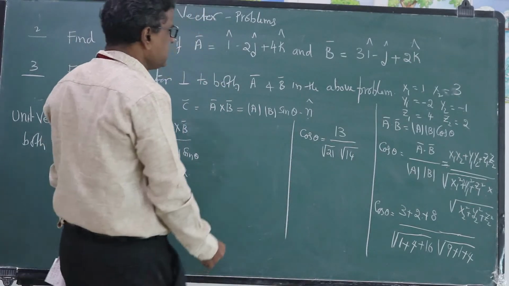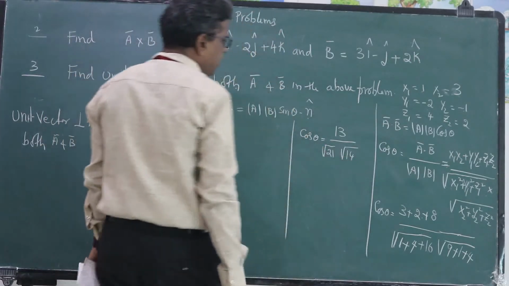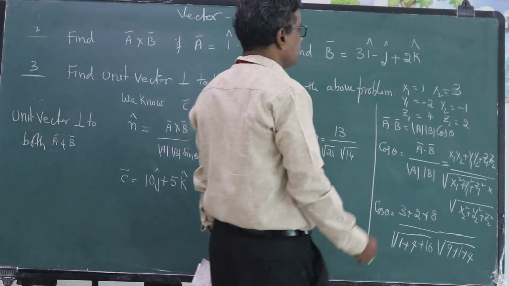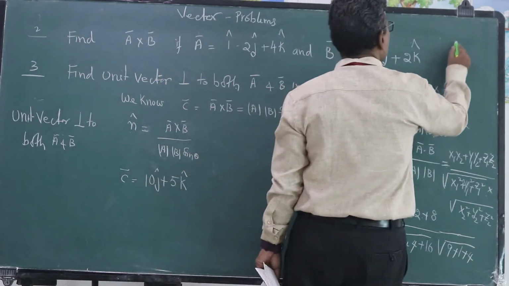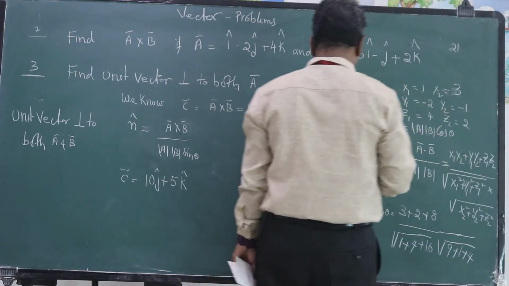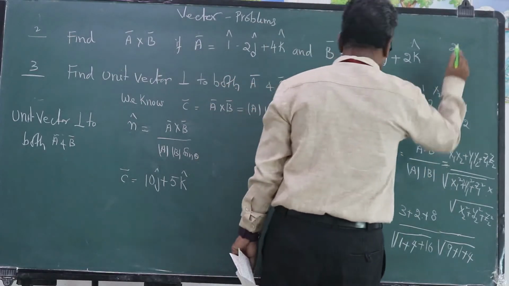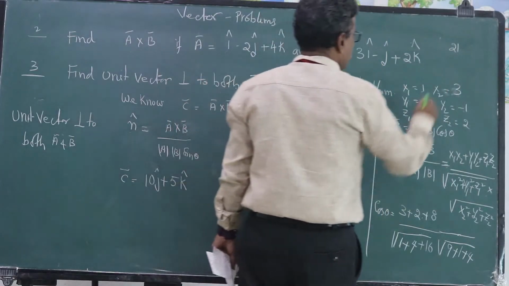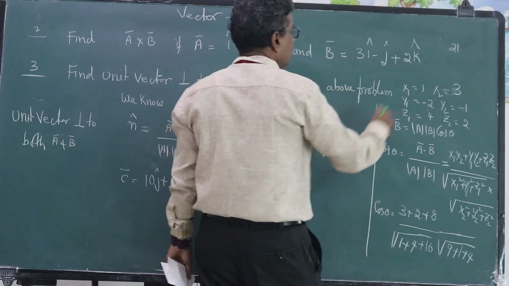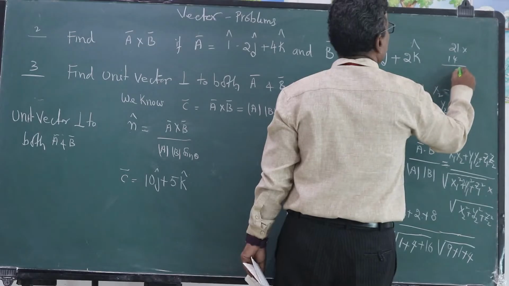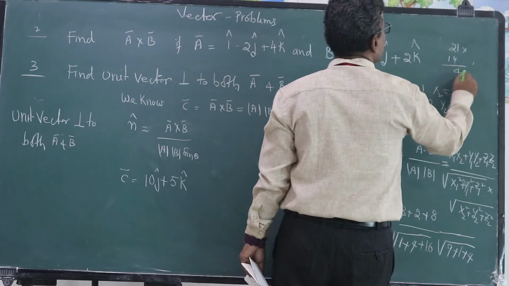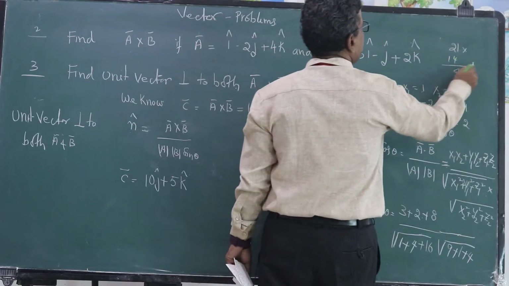So this is root 21 into 14, so you will get this cos theta value. What is 21 into 14? Root 14, 21 into 14. 14 ones are 14, 14 twos are 28, 29.